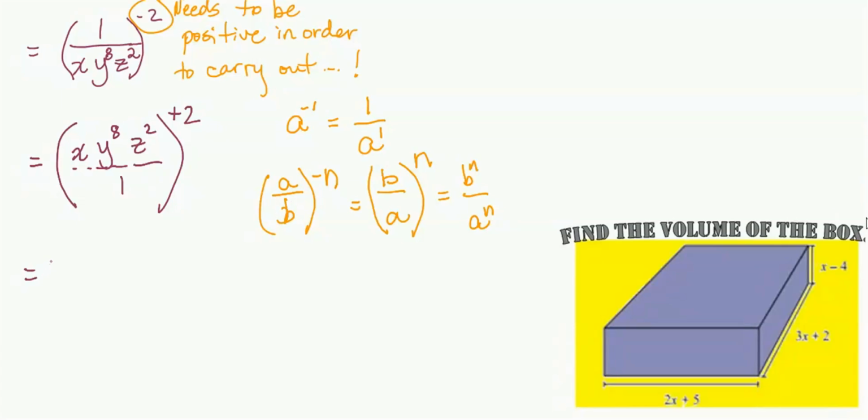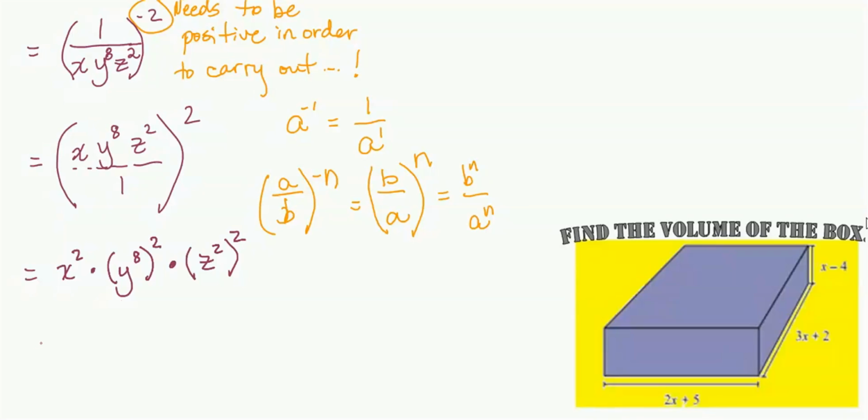Now I can bring that 2 into the parentheses, to each factor, right? So now x will be squared, y to the 8th will get squared, and z squared will be squared.